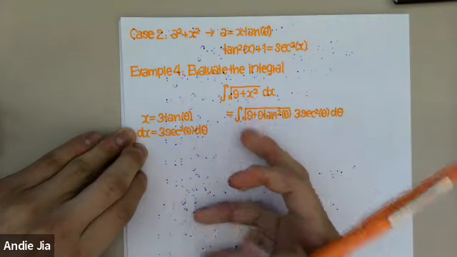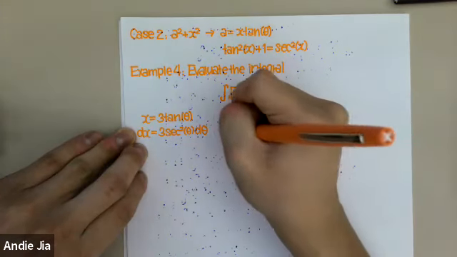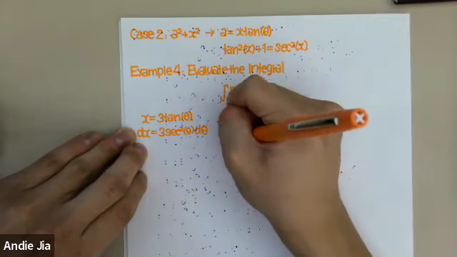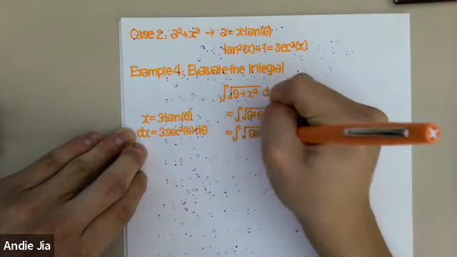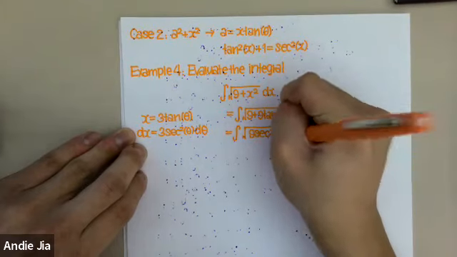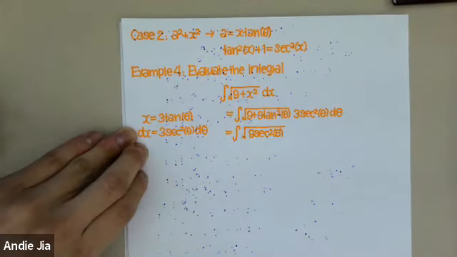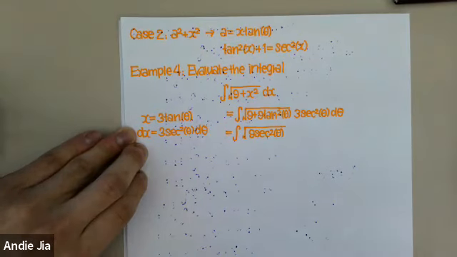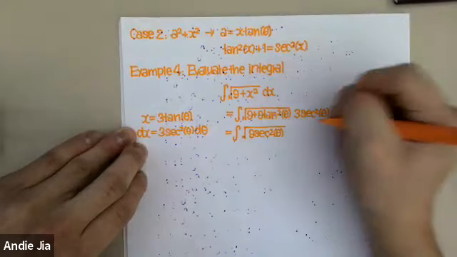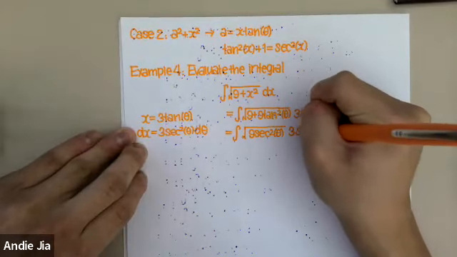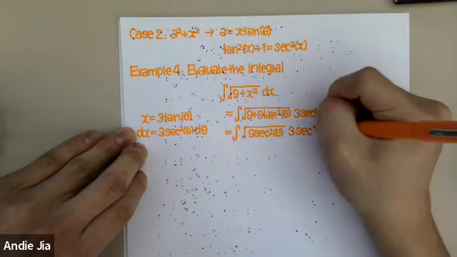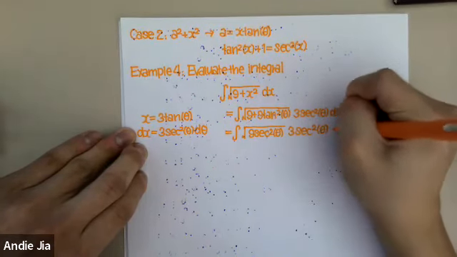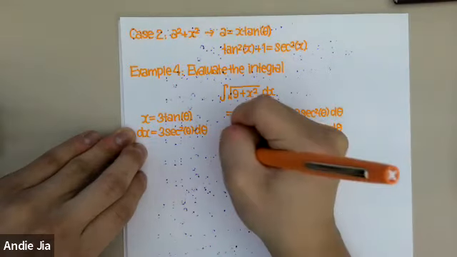That will be 9 secant squared of theta, not x. And now we get this.